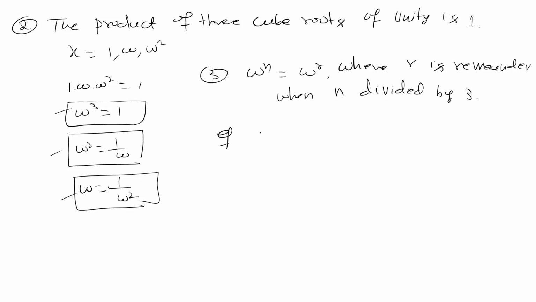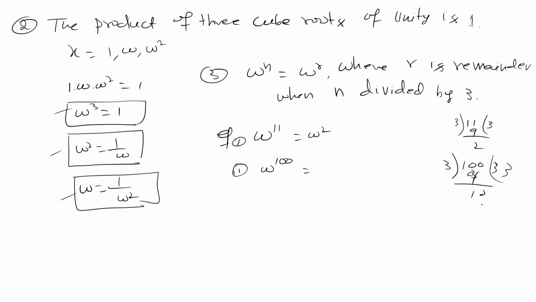Suppose that we have omega to the power 11, so simply divide 11 by 3. 3 3s are 9, so we have remainder 2, so we can write omega to the power 2. So we have to write the remainder, right? Second one: suppose that we have omega to the power 100, so simply divide 100 by 3. The remainder here is 1, so omega to the power 1.